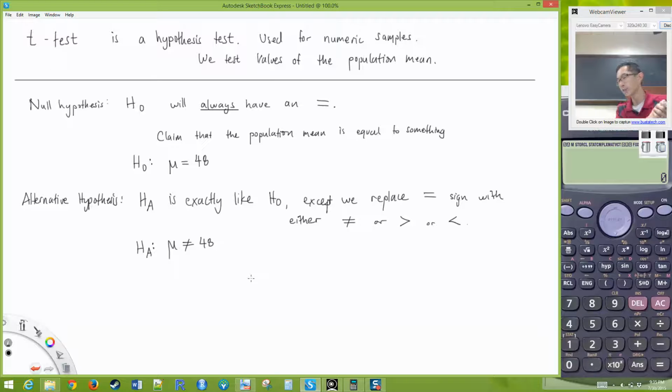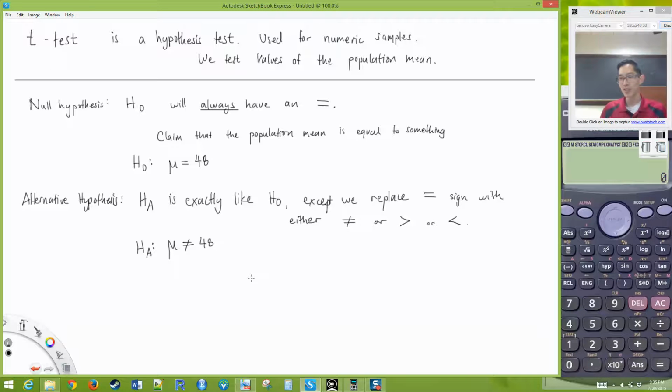Or what's the probability that I get a sample where the mean is 47 or something like that? That's what we're asking. And if that probability is high, we have no reason to doubt the null hypothesis. And if that probability is low, that gives us reason to reject the null hypothesis.